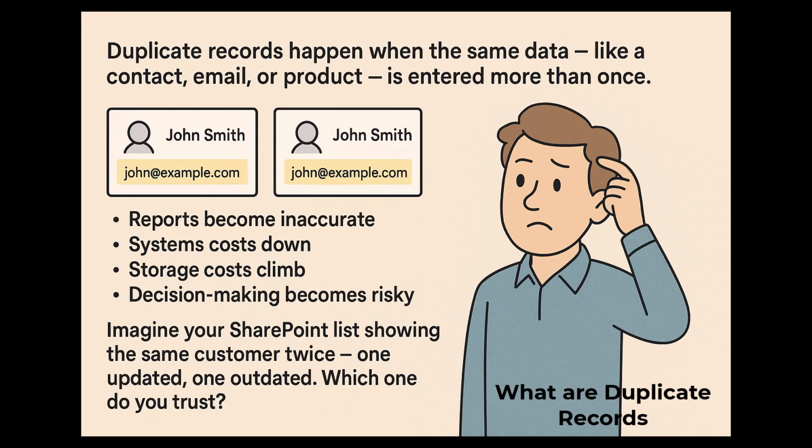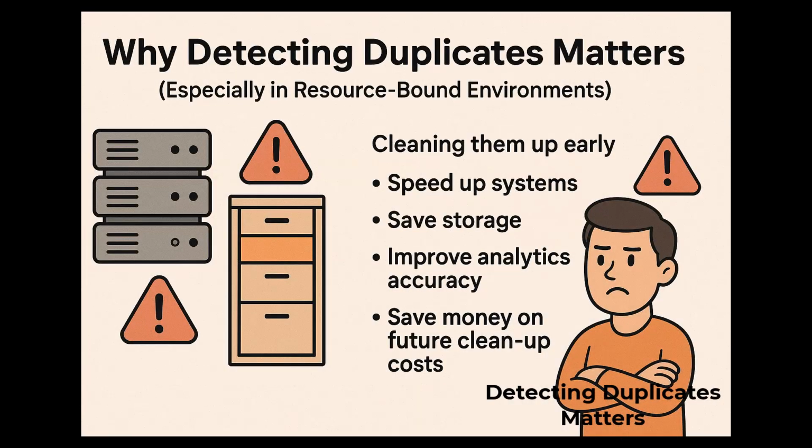So imagine your SharePoint list is showing the same customer twice, one updated and one outdated. Which one can you trust? This is the number one reason why we want to make sure that we get those duplicate records out of our environment.